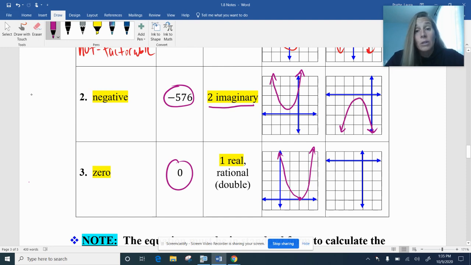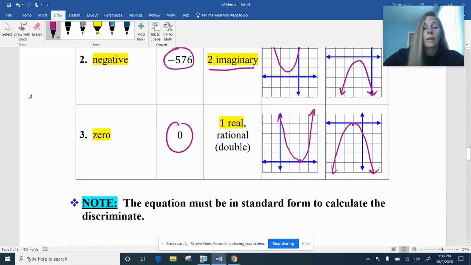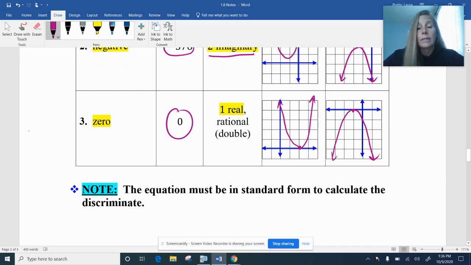If you were to factor that original quadratic equation, you would have the same answer twice, which is why it's referred to as a double. Same thing would happen if you had a quadratic that opens down. It would still only come into contact with the x-axis in one location. So note the equation must be in standard form to calculate the discriminant.